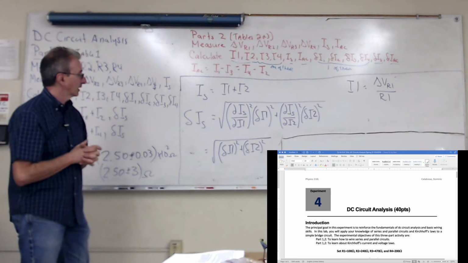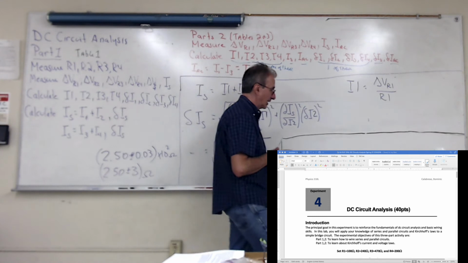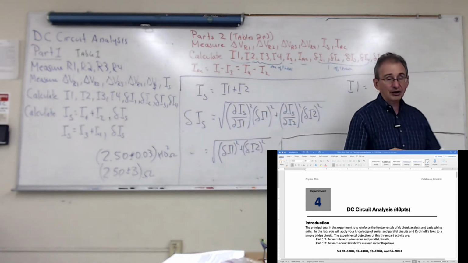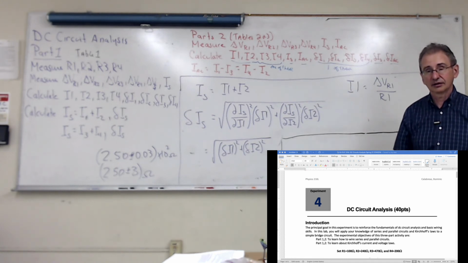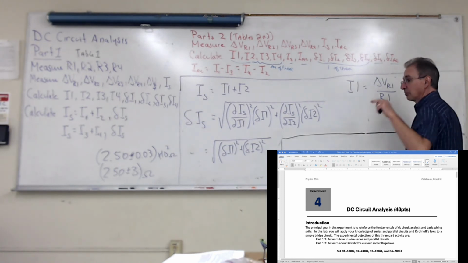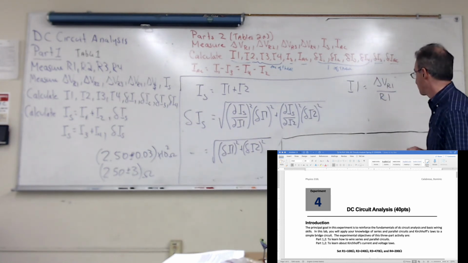Okay. Another question that's listed there says verify the voltage rule. So you have to pick a loop in that circuit and sum the voltage drops.